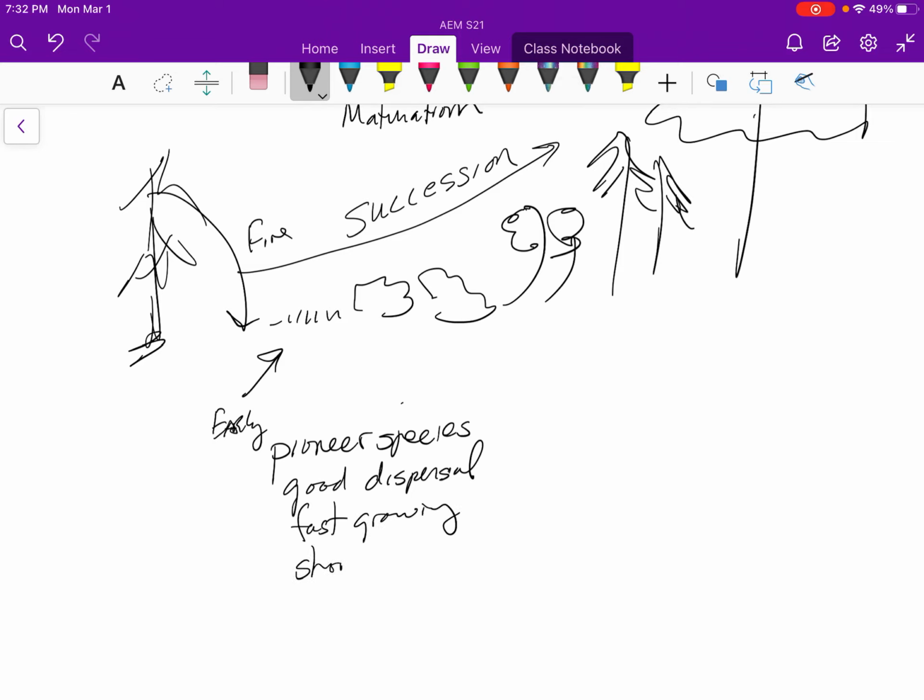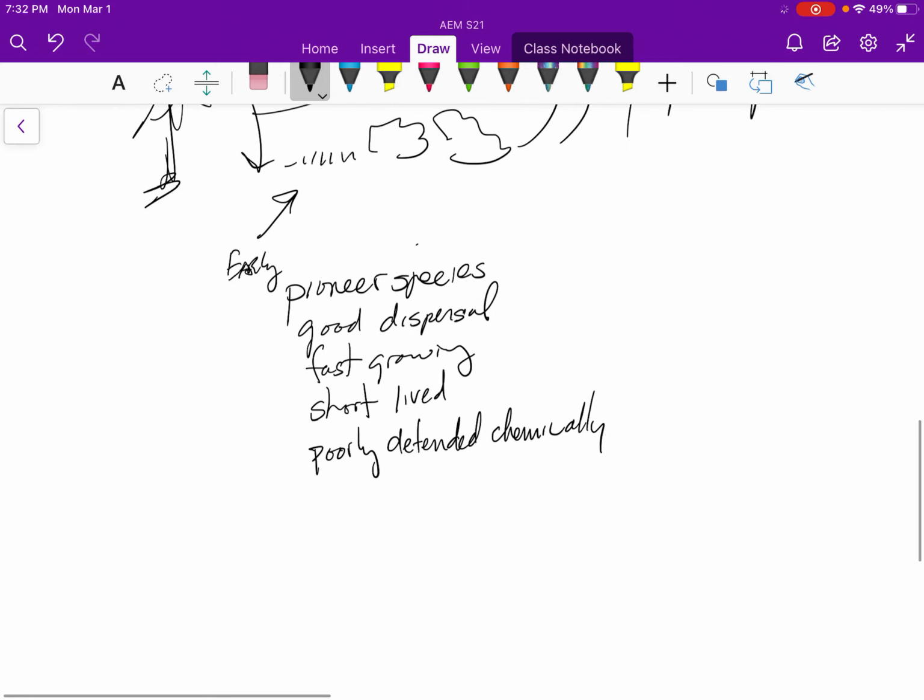They're short-lived because they essentially bloom and make seeds very, very quickly. And they're often, we say, poorly defended. That means chemically.